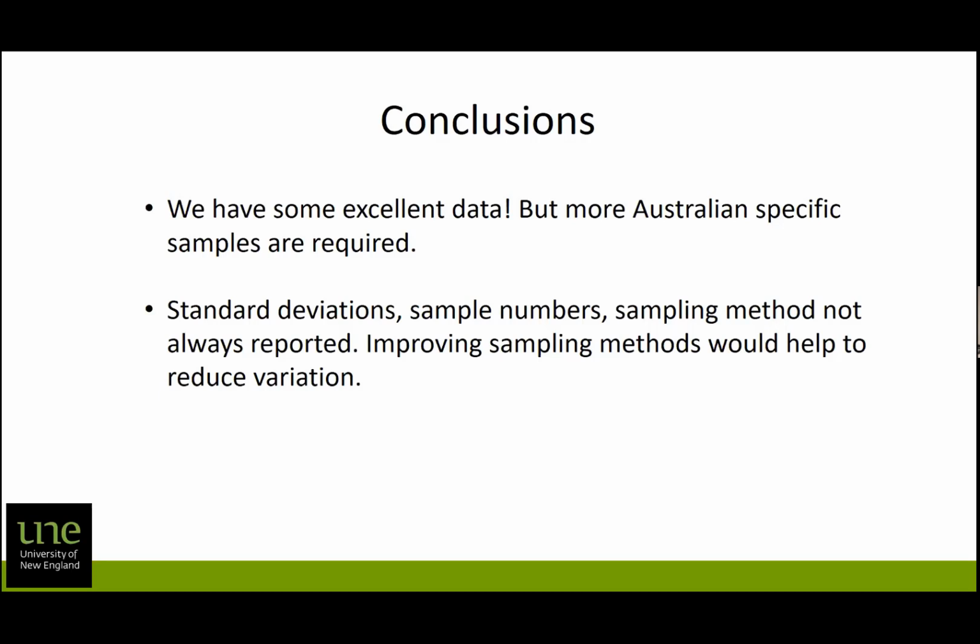So they're really important. Once we have the standard deviations, we can really see the spread of our data and what kind of variation we're dealing with, and even build that into our formulations. Improving sampling methods would also really help to reduce variation, and importantly, reporting the sampling methods used for databases as well.